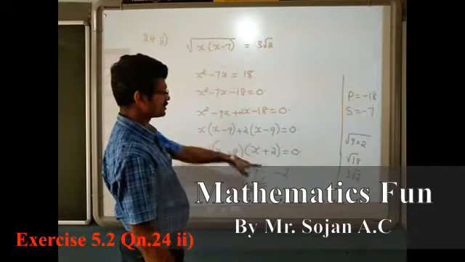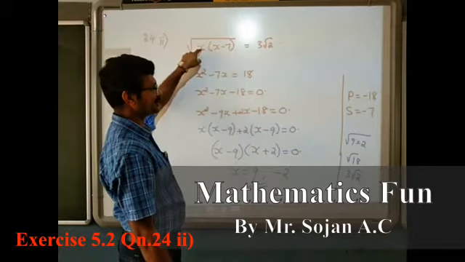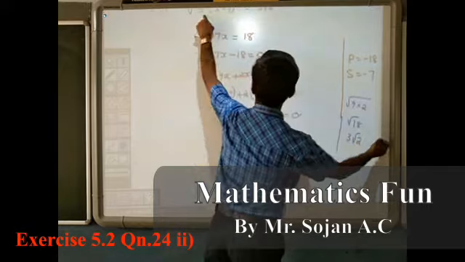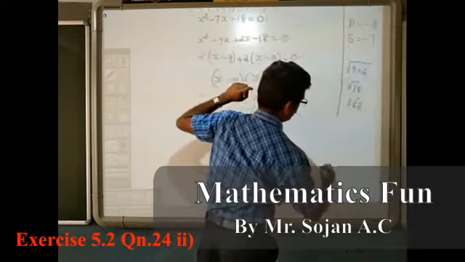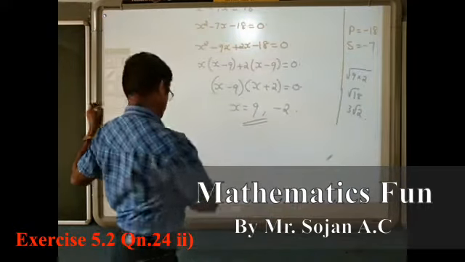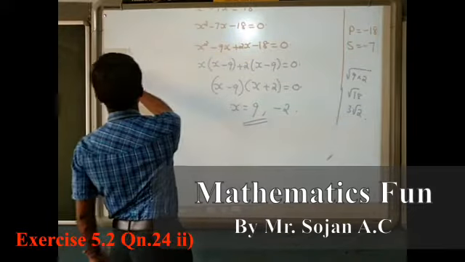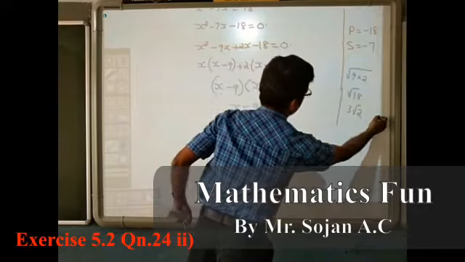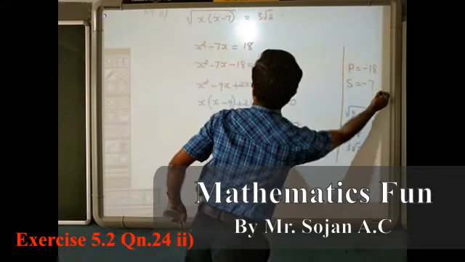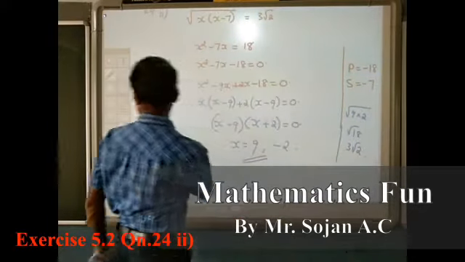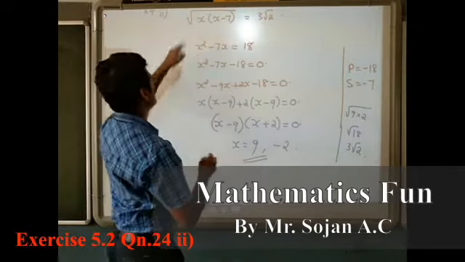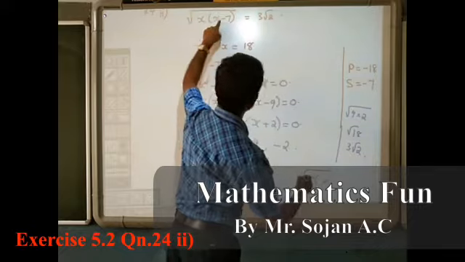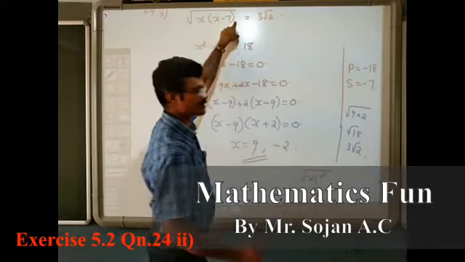Now the second value is minus 2. If I put minus 2 here, root of minus 2 into minus 2 minus 7.